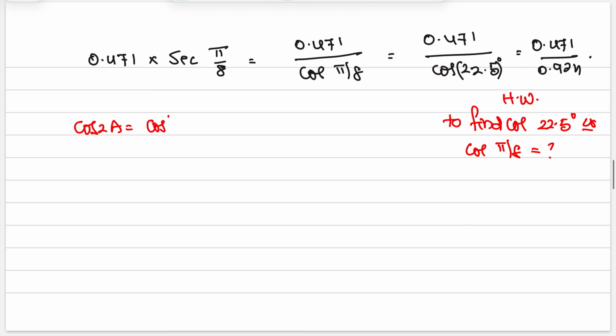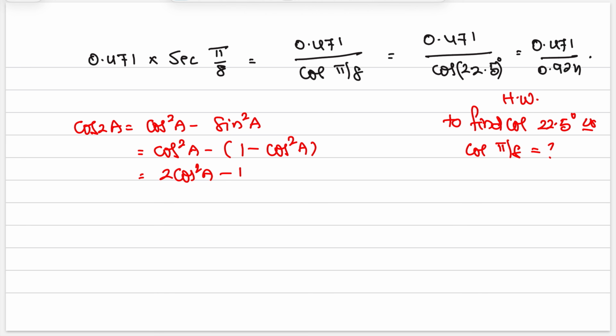cos square a minus sin square a. What is sin square a? 1 minus cos square a. That is cos square a minus 1 minus cos square a. That is equal to 2 cos square a minus 1.